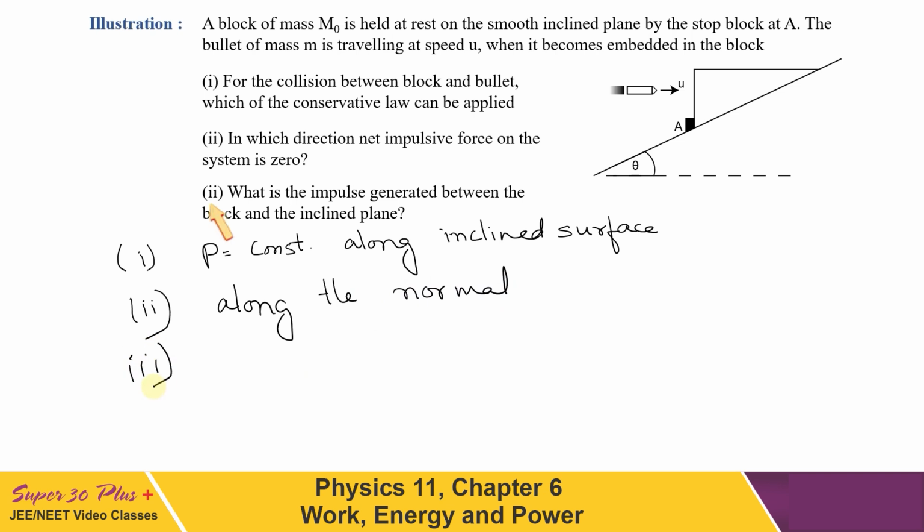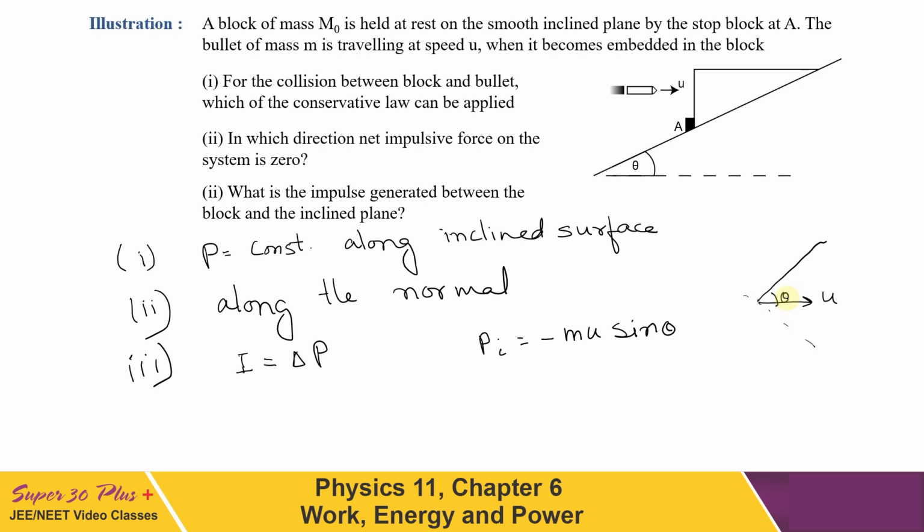For third one, what is the impulse generated between the block and the inclined plane? By impulse momentum theorem, if I denote impulse by I, then it can be written as change in momentum. Now, if I write along the normal, P initial can be written as minus m u sine theta. Let me draw the situation here. This is the direction of u and it is the angle theta.